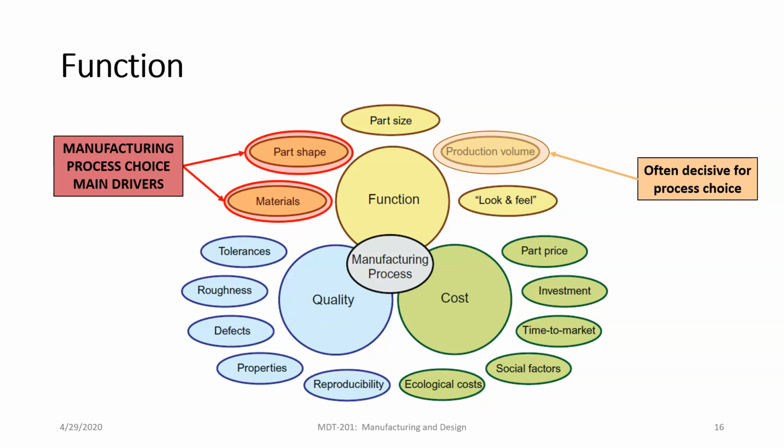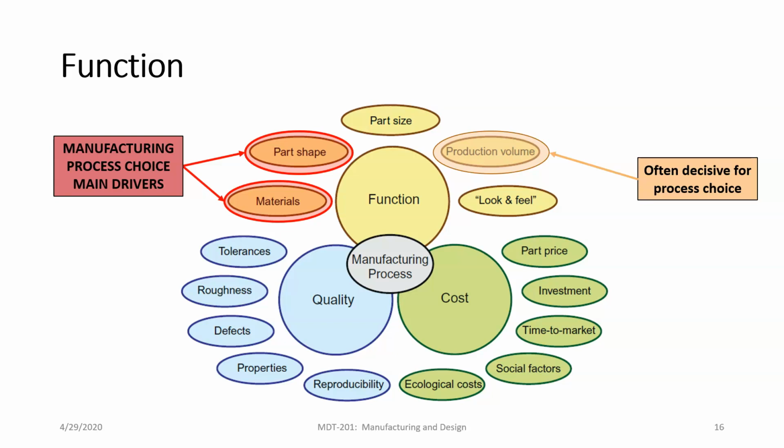And so that's where some of the economies of scale come into play. Making onesies and twosies, making custom parts is always going to be more expensive in the short term than making a large production run.